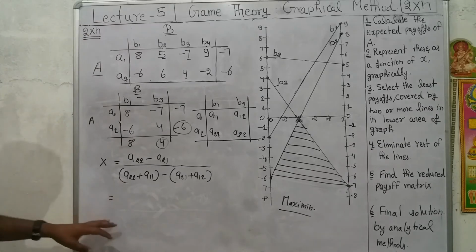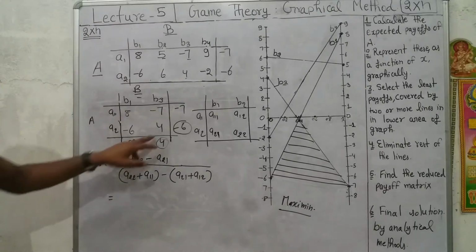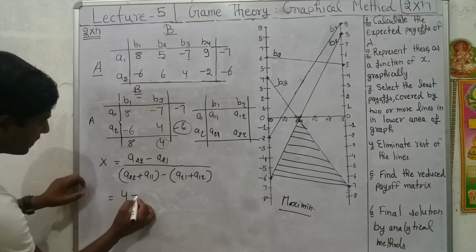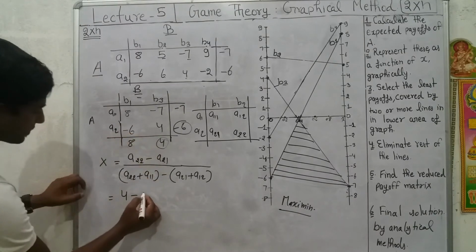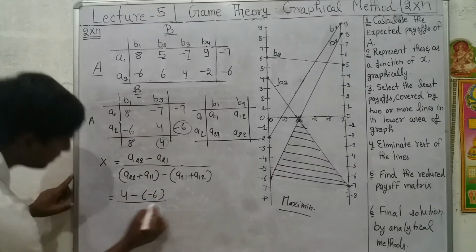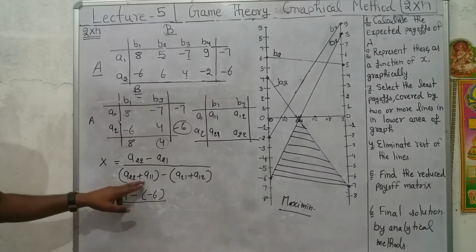So simply putting these values for this table, A22 is 4 and minus A21 is 6, that is minus 6, divided by A22 plus A11.